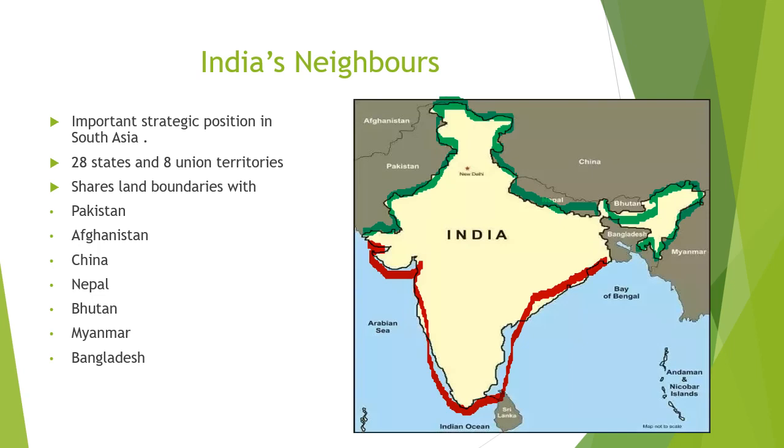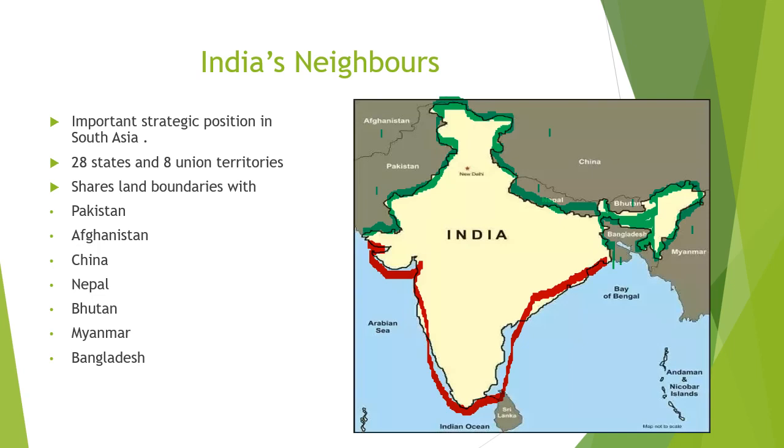And now moving forward, as my cursor is moving, we can see that we are sharing the land boundary with Bangladesh. Bangladesh is sharing the land boundary with us from three sides, and in this way India has almost how many neighbors? Let us count. 1, 2, 3, 4, 5, 6, 7 neighboring countries who are sharing the land boundaries with India.